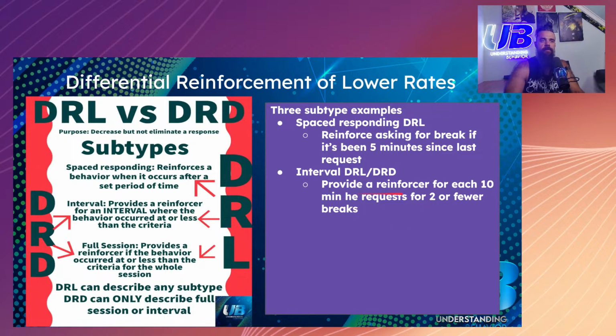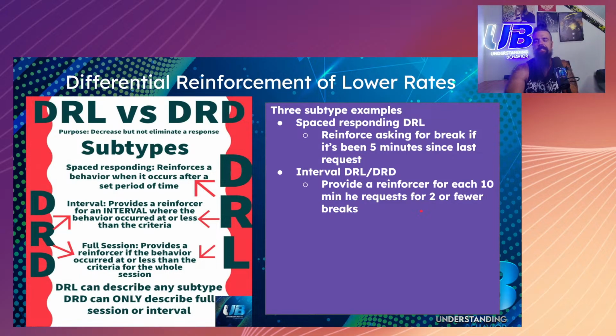We've got provide a reinforcer for each 10 minutes that he requests a break 2 or fewer times. So they would get a reinforcer if in that 10-minute block, they only engage in 2 or fewer requests for breaks. If they engage in 3 requests for breaks, then they would not receive a reinforcer for that interval.